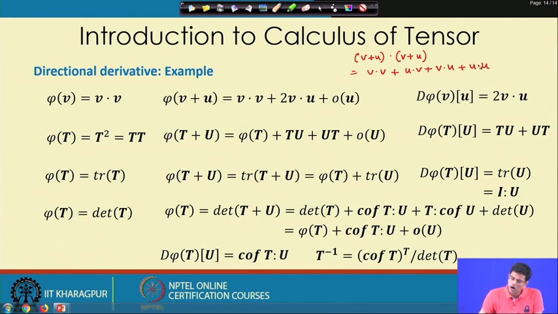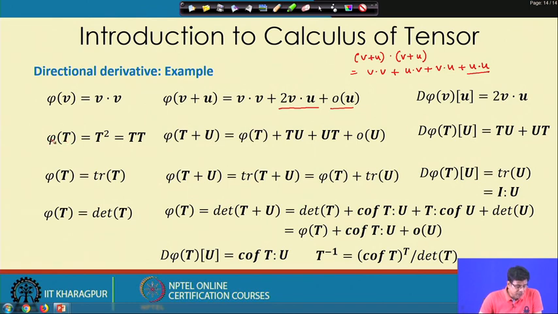Now, v dot u and u dot v I can club together because these are scalar quantities, so it is v dot v plus 2 v dot u plus u dot u. Now, if you compare with the directional derivative formula, the directional derivative is 2 v dot u, and the Fréchet derivative is 2v. We can write it in component form also.